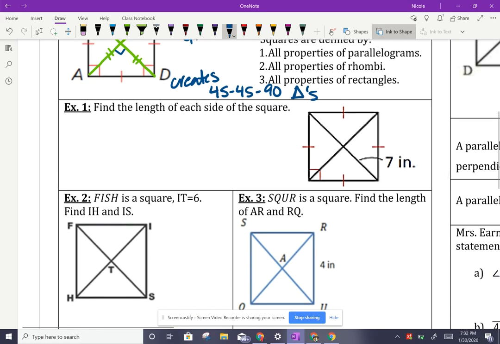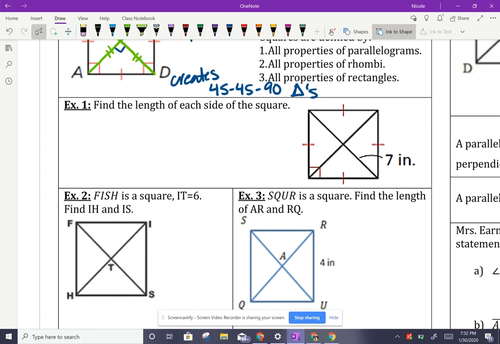So let's take a look at a few examples. We have a square here with a piece of a diagonal that is 7. So we're saying this piece right here is 7. And it says to find the length of one side or each side. Since they're congruent, the length of one side is the length of all the sides.